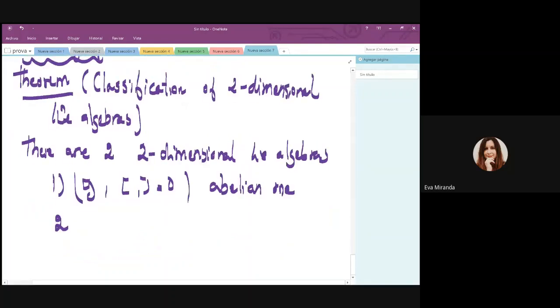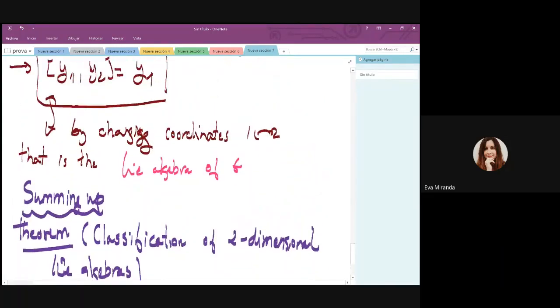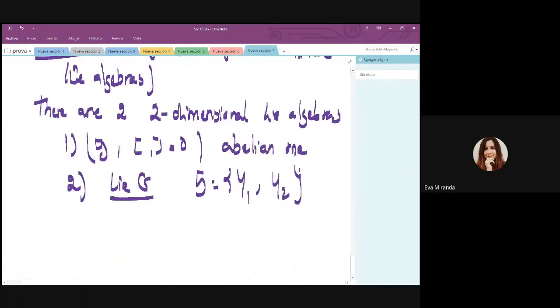And the second one you can present as the Lie algebra of G from the previous example, or as an algebra of two generators, x1 and x2, or y1 and y2 if you want, with bracket of y1 and y2 equal to y1.